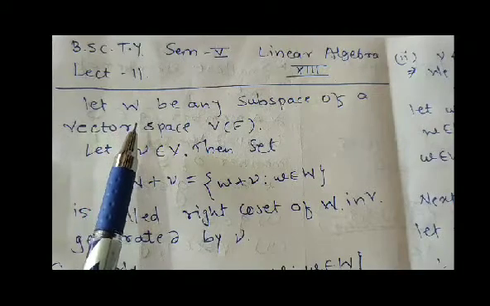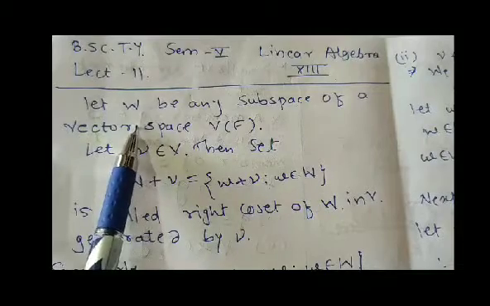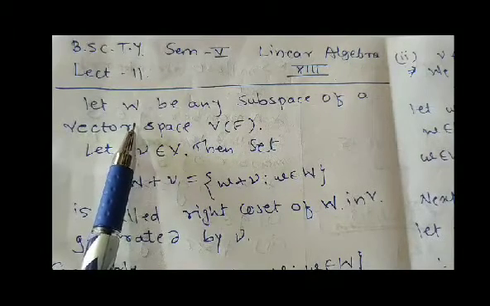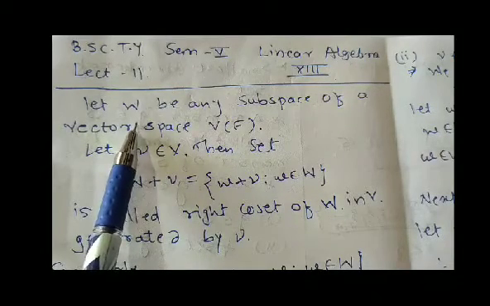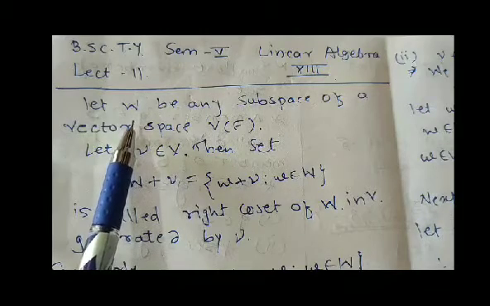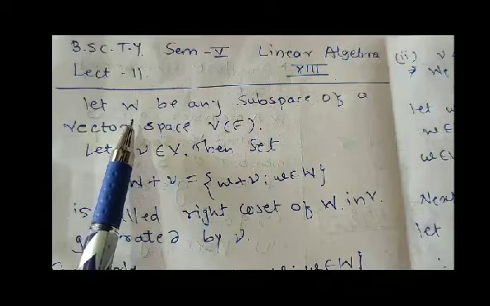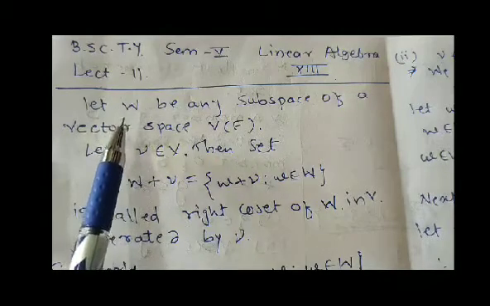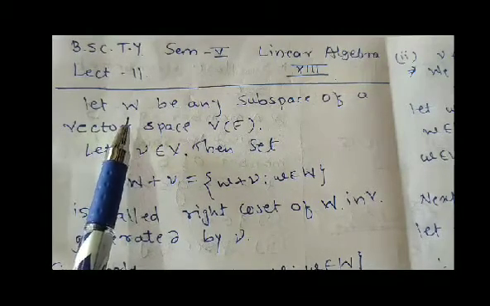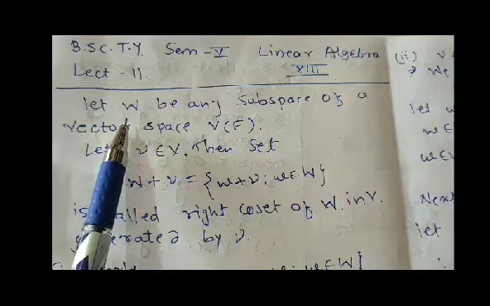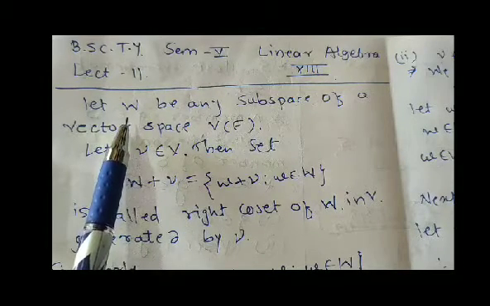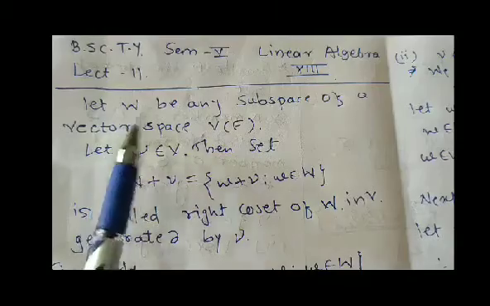Like the subgroup and subring, in group theory there is the concept of cosets of a group. Similarly, here we can form cosets of vector spaces.